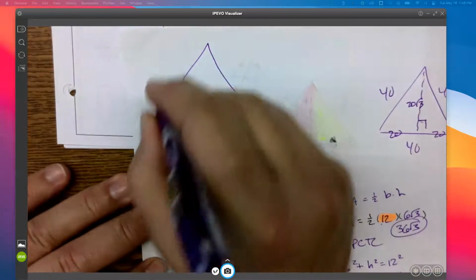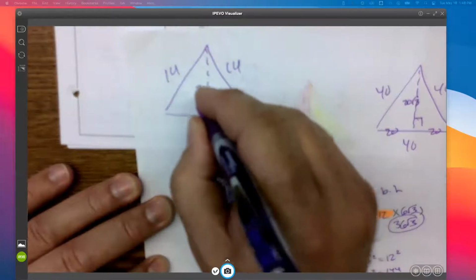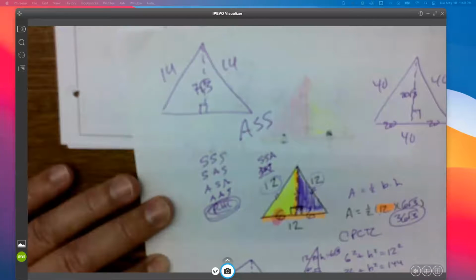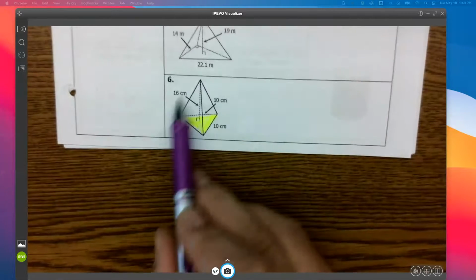What if I gave you that this was 14 and 14? This would be 7 root 3. Okay. Please take that knowledge and figure out problem number 6 now.